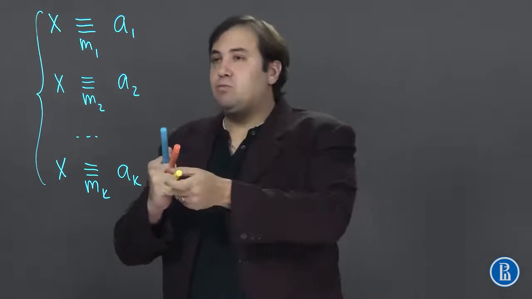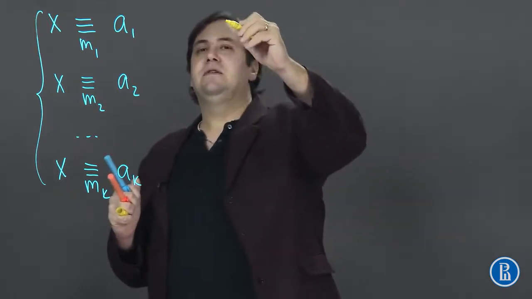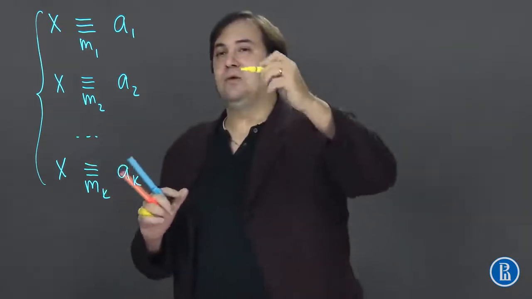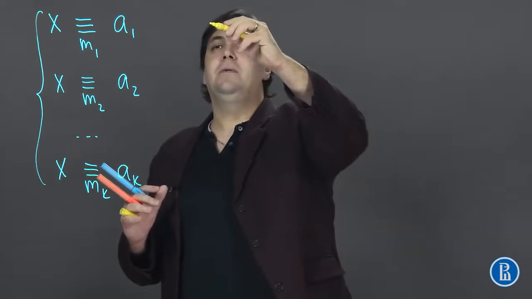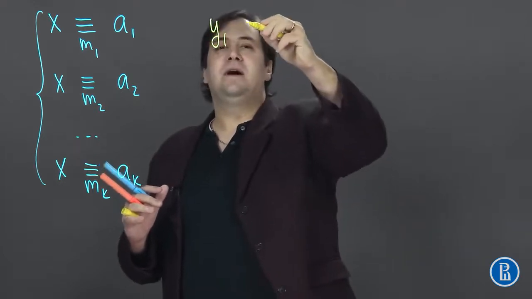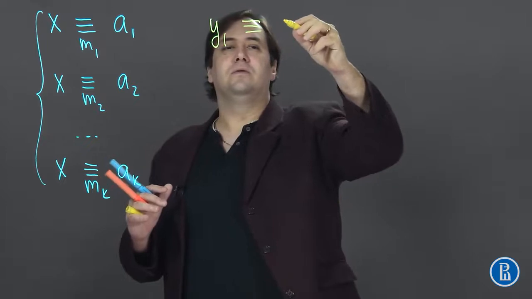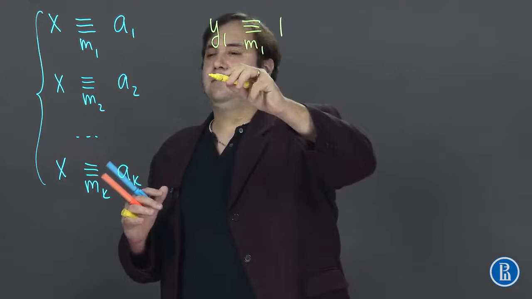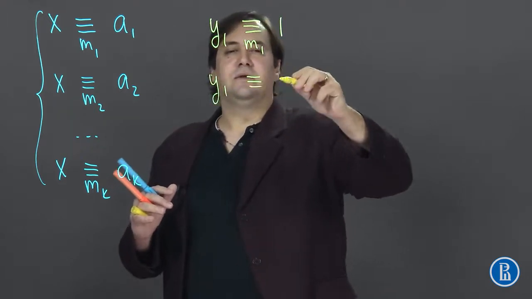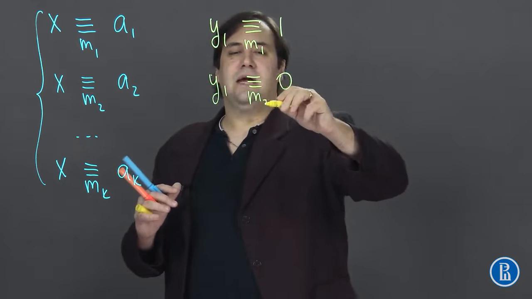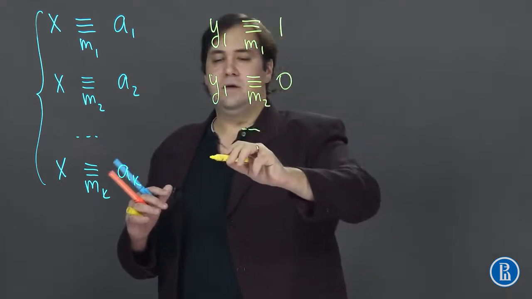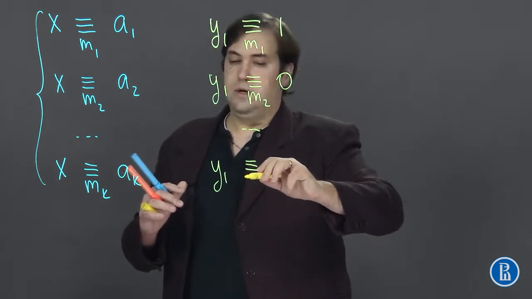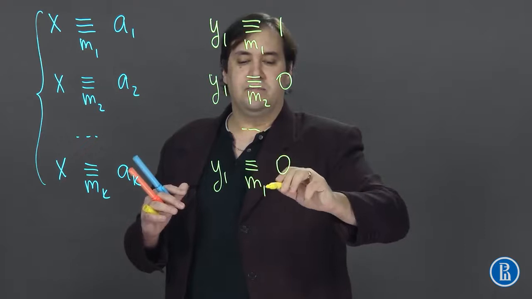For instance, consider a system of congruences where the unknown will be denoted not x but, say, y, and say that y1 is congruent to 1 modulo m1 and y1 is congruent to 0 modulo m2 and so on, y1 is congruent to 0 modulo mk.